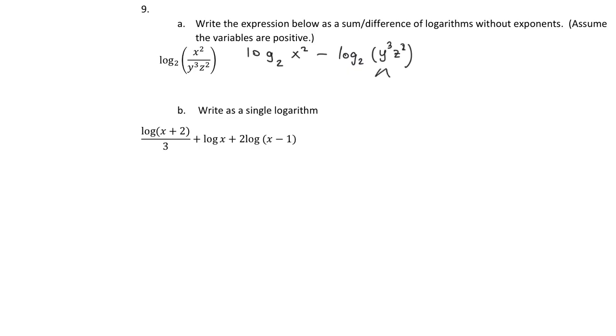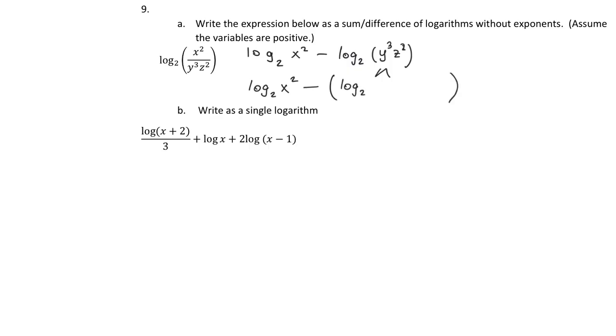Now we've got to expand that product there, y cubed times z squared. So that's going to be the product rule. And when we're subtracting this expansion, you have to subtract the entire expansion in a parenthesis.